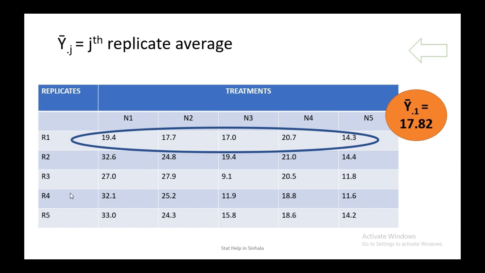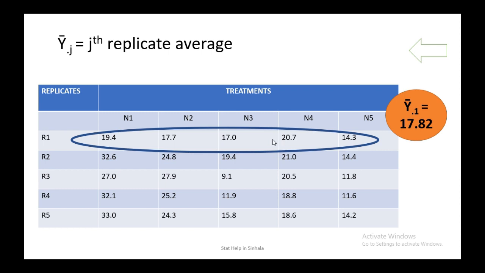We calculate that by taking the summation of the observations under replicate 1, then dividing the result by the number of treatments under replicate 1.